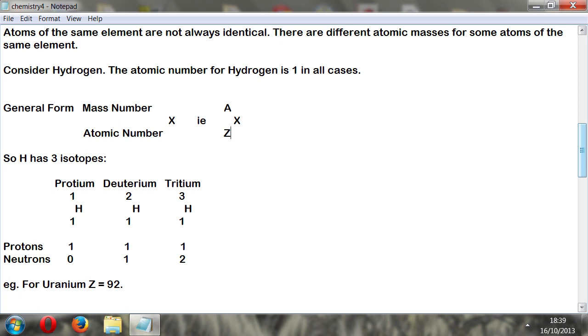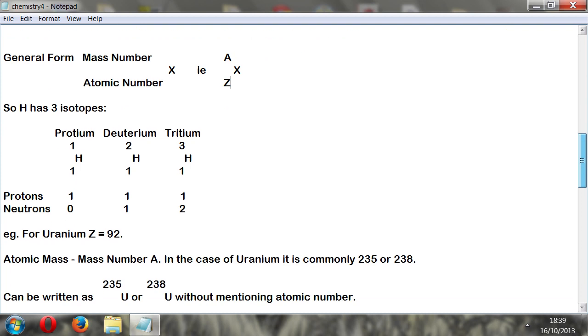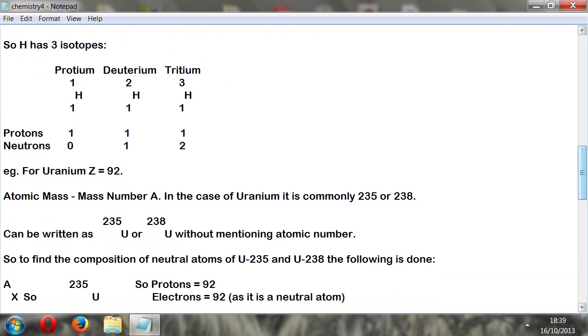With deuterium the atomic number is 1 and we've got 1 neutron, so 1 plus 1 is 2, giving hydrogen-2. With tritium the atomic number is again 1, and we've got 2 neutrons this time, so adding the protons and neutrons, 1 plus 2 is 3, giving hydrogen-3, which is tritium.